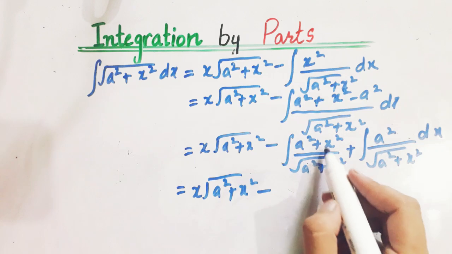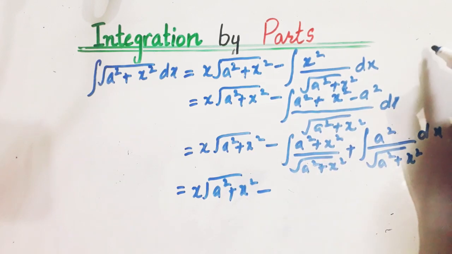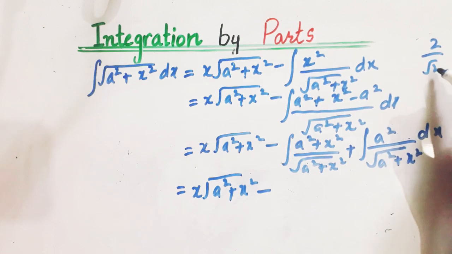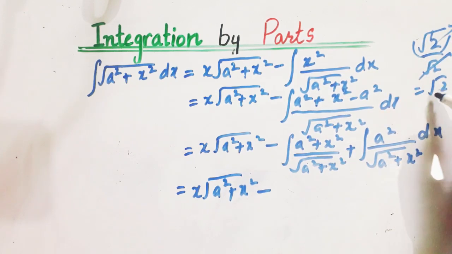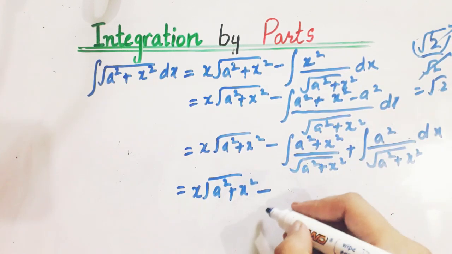this is power, we know that 2 by square root 2, so we can write this as square root 2, because 2 can be written as square root 2 square, so this square will be cancelled just in the denominator.